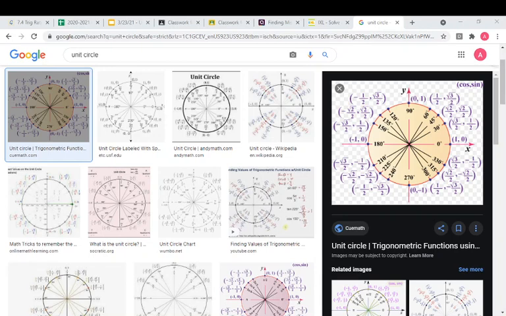The unit circle is one of those little diagrams that you can just use as a reference. You don't have to memorize everything. Usually you just have one in front of you, and it helps you to identify what number you need. And so the unit circle in a nutshell is this. We have a graph. We have the y-axis and the x-axis, right?